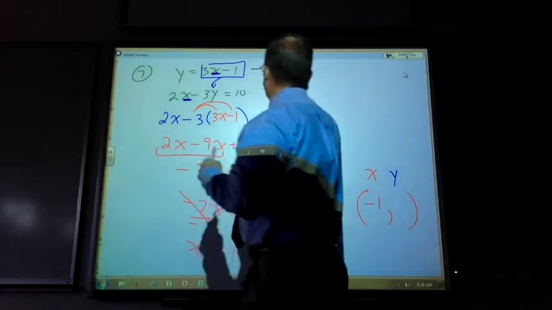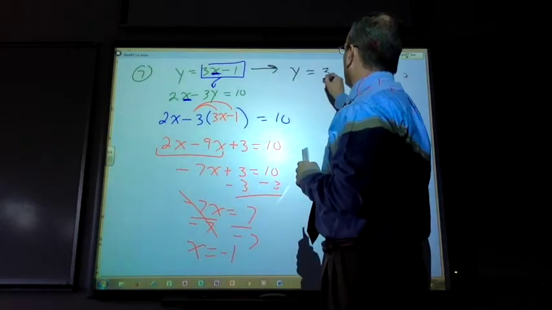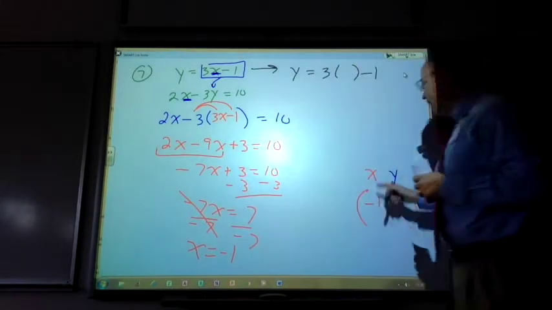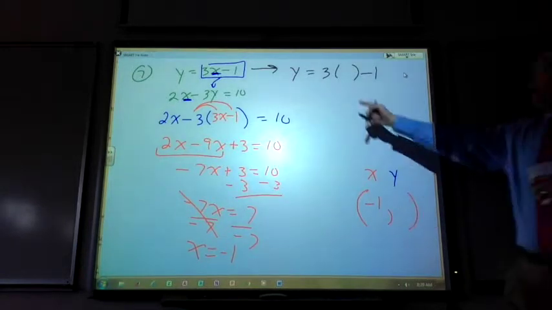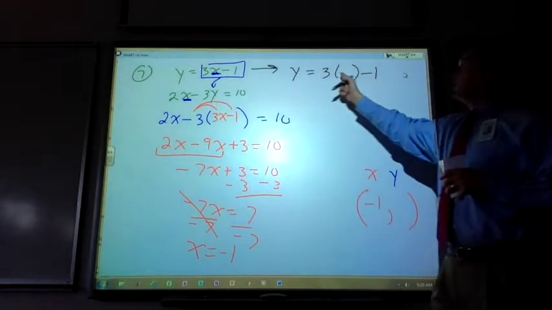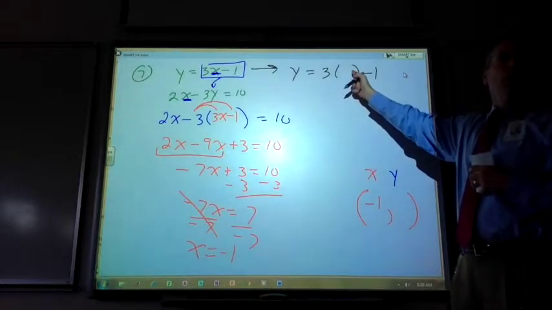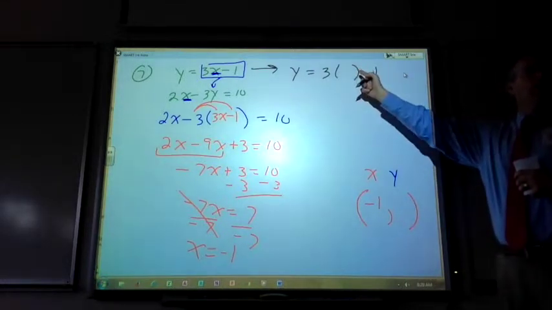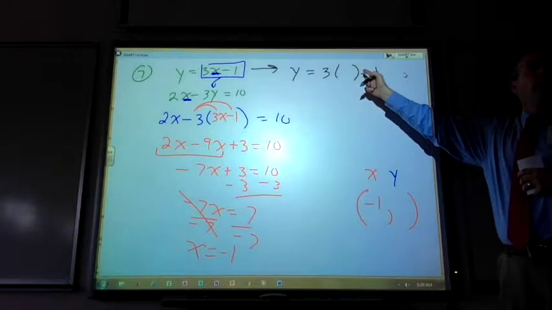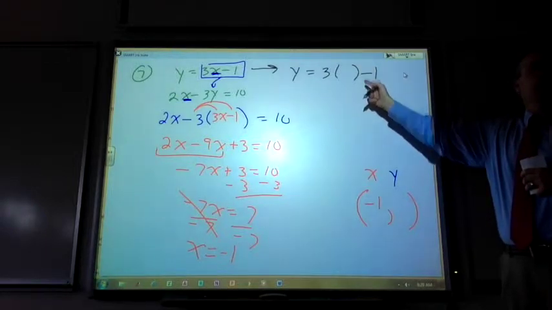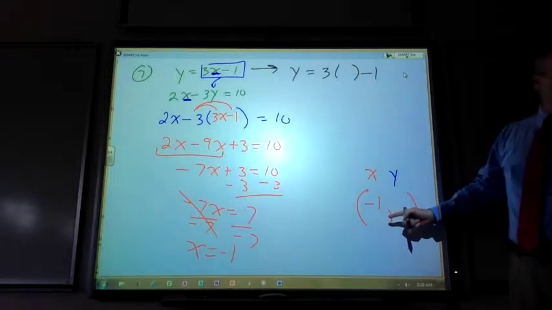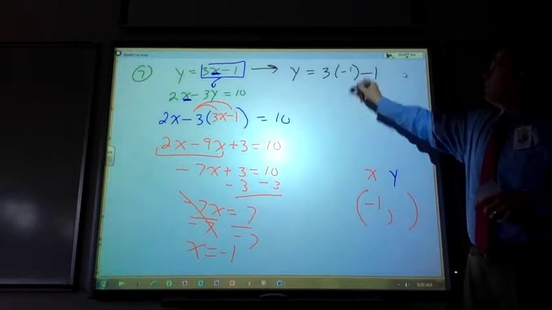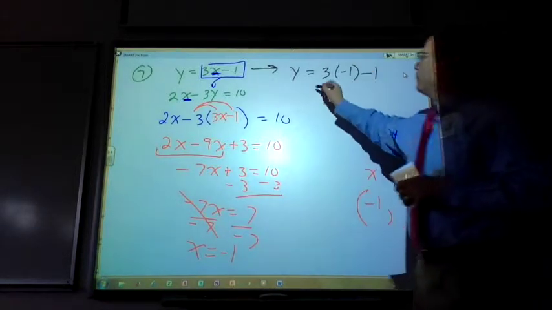So if I take this equation, I'm going to go y equals 3. Angelo, I found that x equals negative 1. Still with me? I had this first equation. There was an x here. But what do you feel I should plug in? Not y. No. What do I know x is equal to? X is equal to negative 1. Negative 1, and that's where negative 1 goes, right there. Okay?